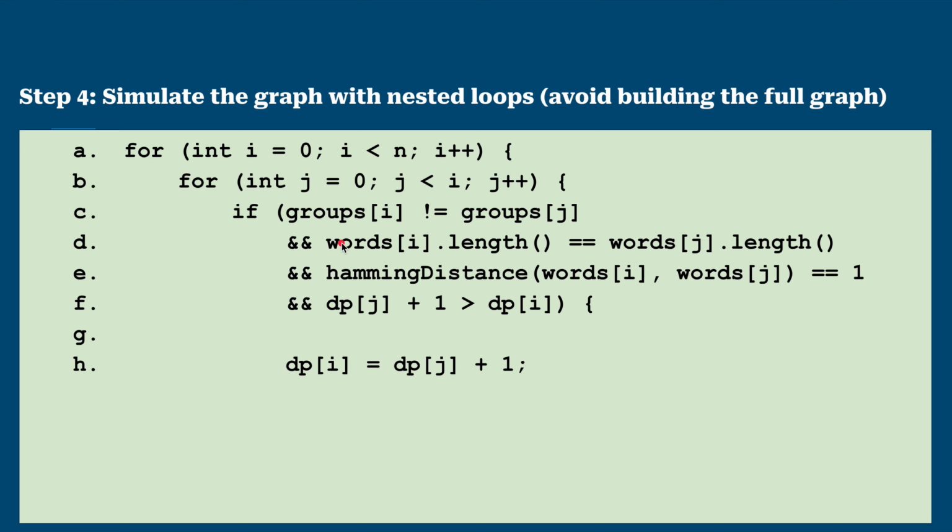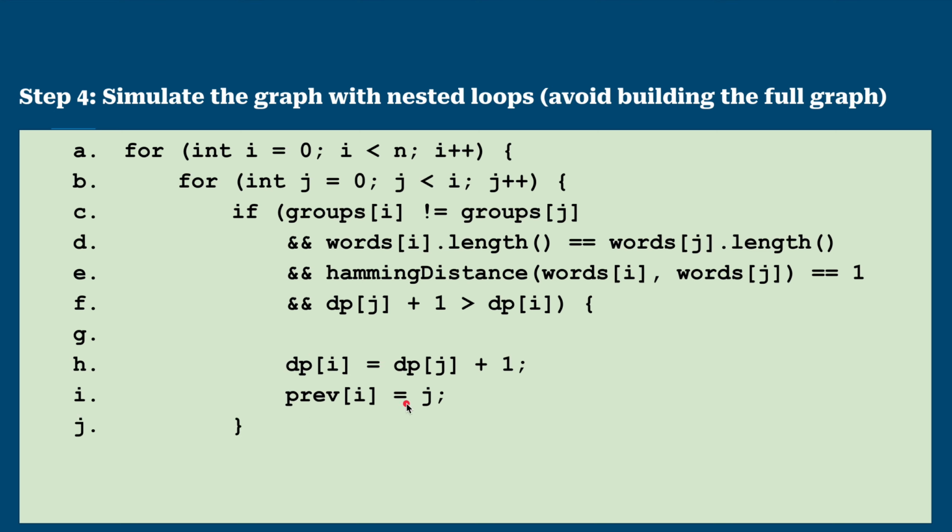If these three conditions match, then we assign dp at j plus 1 to dp at I. Because we are checking the length, if it is greater, it means we have got the longest sequence, so the longest sequence till here should be updated like this, and the previous indices we can store like this.